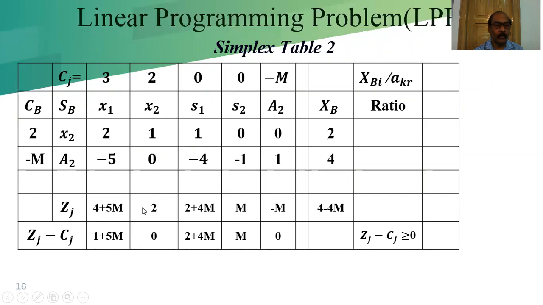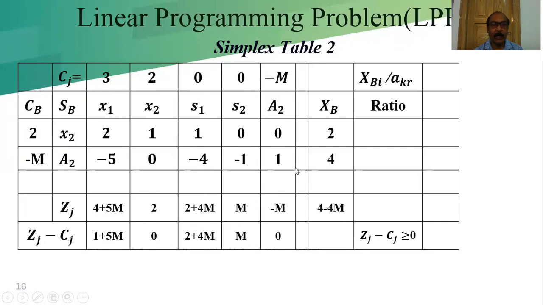So Z2 minus C2 is 2 plus 4m minus 0, which is 2 plus 4m. Then m minus 0 is m.